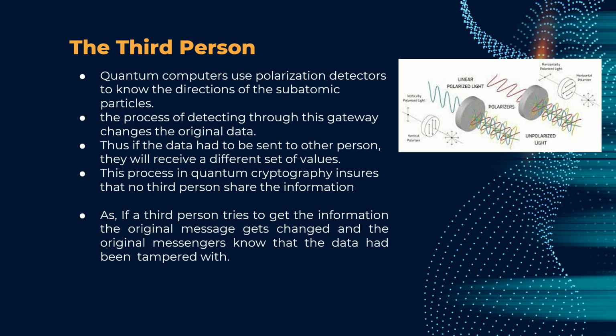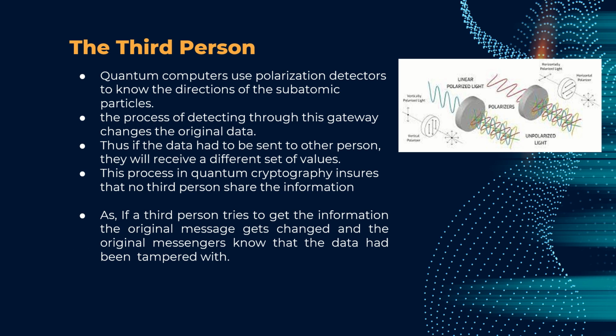If we talk about third person involvement in quantum cryptography, quantum computers basically use polarization detectors to know the direction of subatomic particles. But this process of detecting the direction of a subatomic particle actually changes the original data. So if this data had to be sent to other people, they will receive a very different set of values.